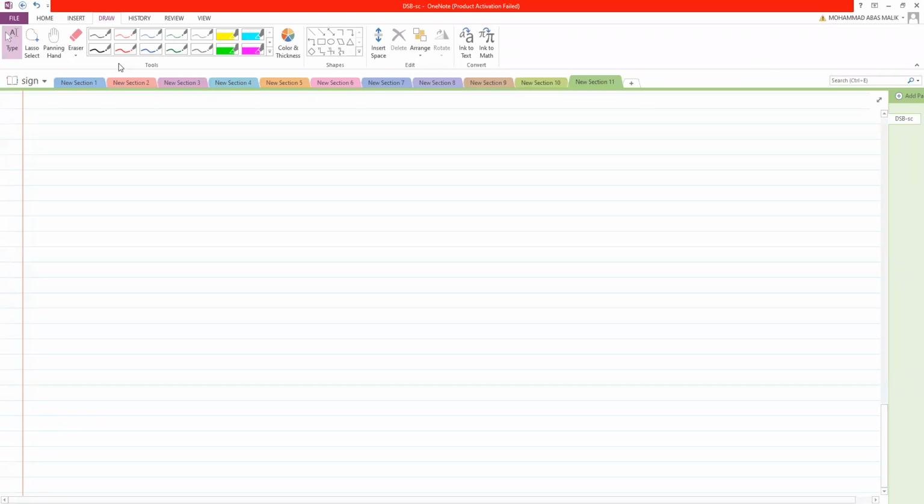Maybe you will understand much better from this graph. Suppose this is your message signal. This is the positive half cycle and this is the negative half cycle, and this is your M of t.